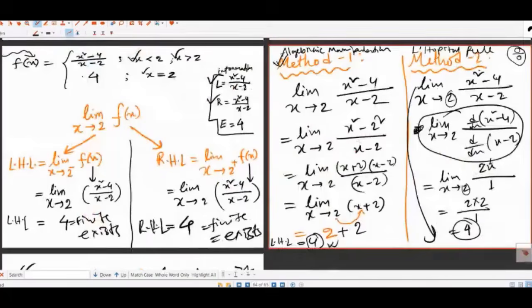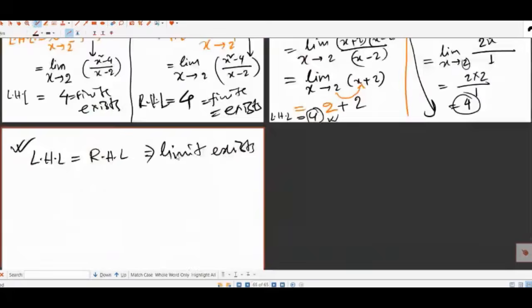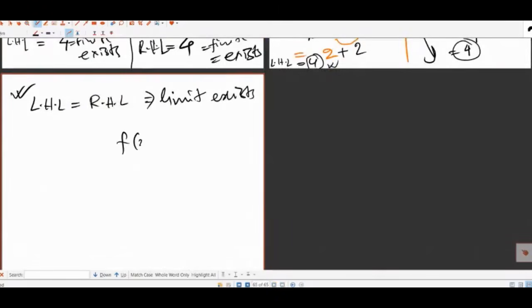What is the functional value at 2? We have already found it: f of 2 is 4. Since the left hand limit equals the right hand limit equals the functional value at 2, all are the same, so we can say that the given function f of x is continuous.